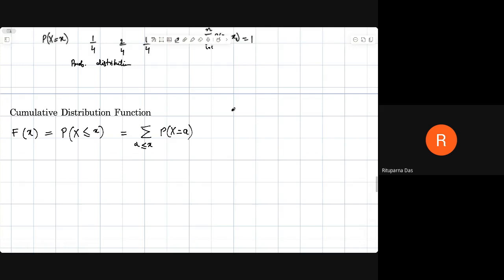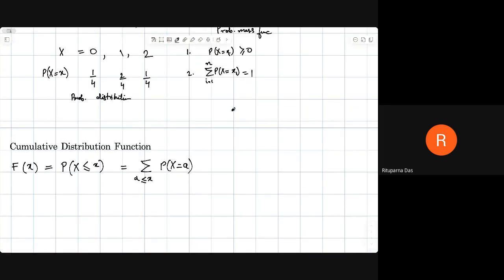For example, if I say F(1) from the previous example, then that will be P(X <= 1), which means it will be P(X = 0) plus P(X = 1), which will be 1 by 4 plus 2 by 4, which is 3 by 4. So this is the cumulative distribution function for a given value.